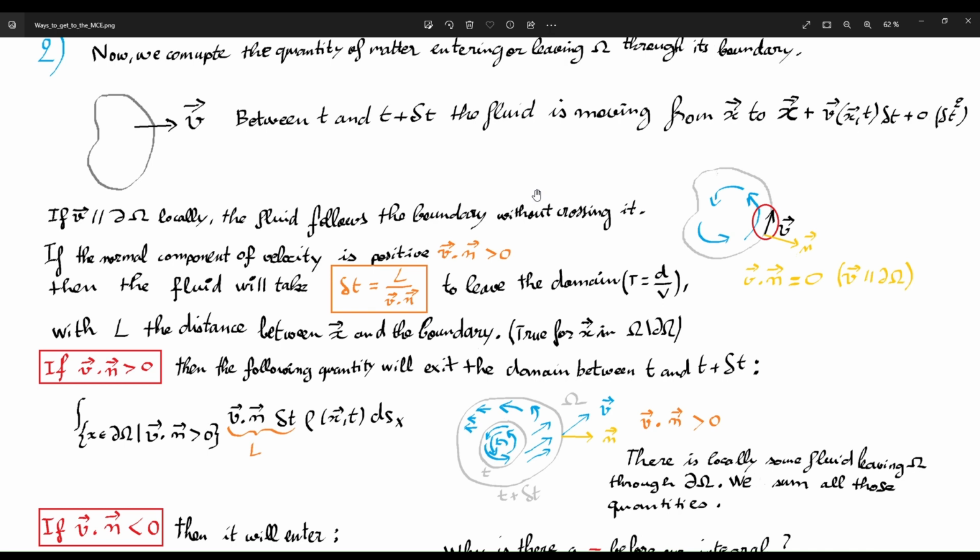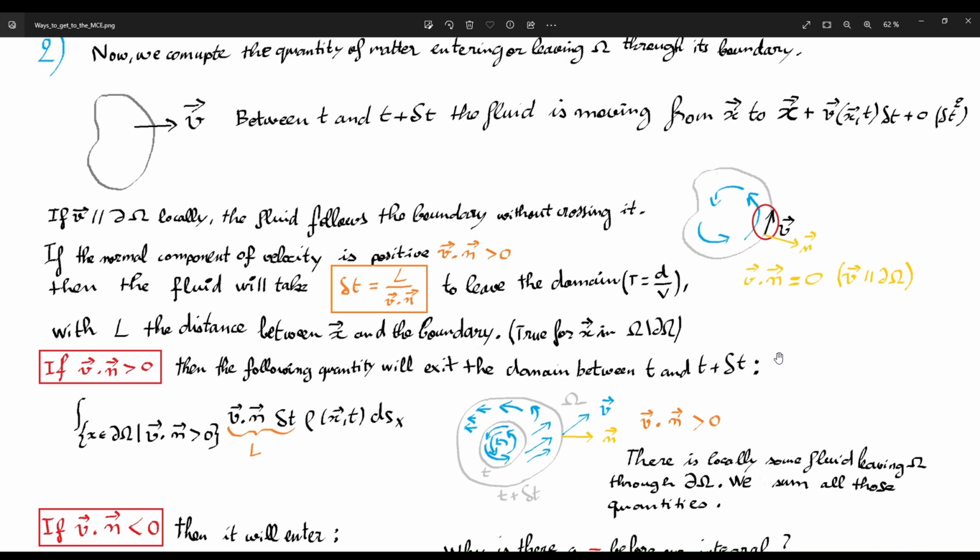Now, if v scalar n is positive, then the following quantity will exit the domain between t and t plus delta t: the integral on the element of the boundary such that v scalar n is positive of v scalar n times delta t times rho.